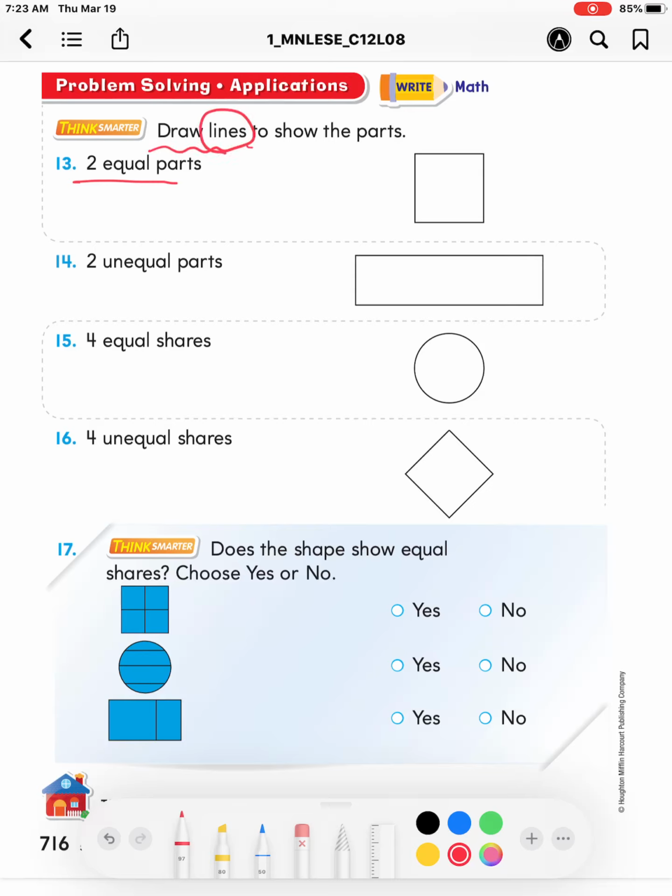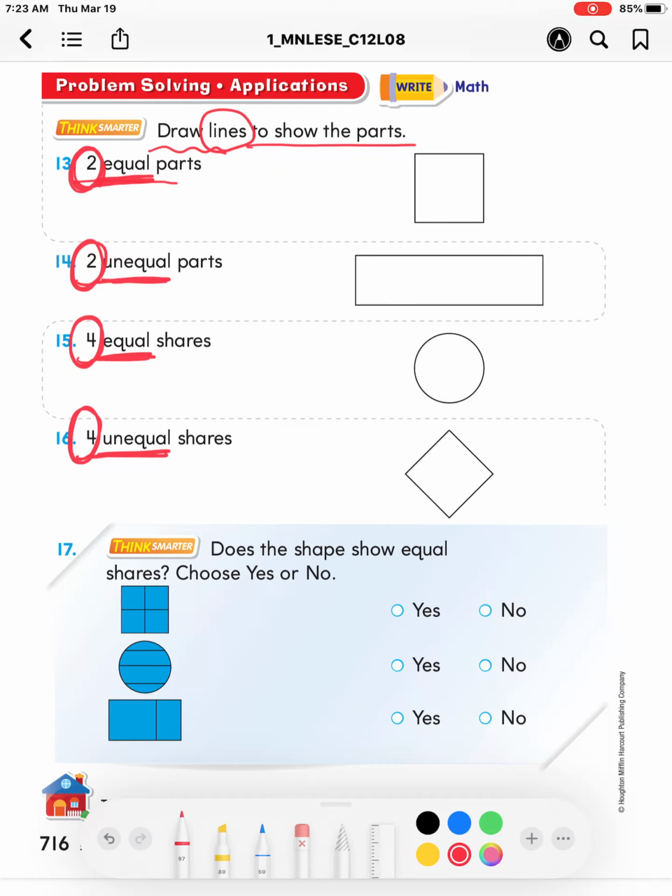So we will draw lines to show the parts. But we should focus on how many parts and whether they are equal or unequal. So underline the numbers and the word so you can easily solve it.